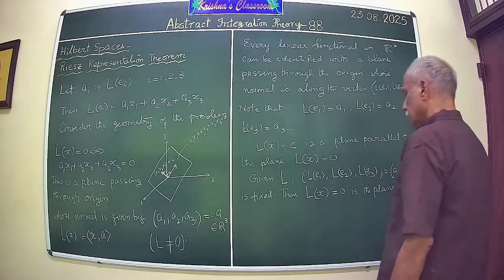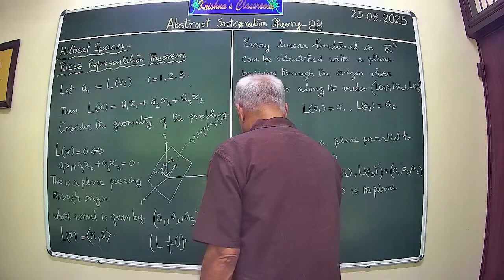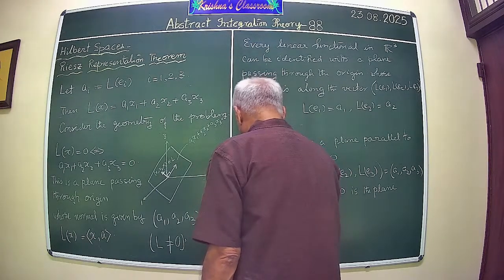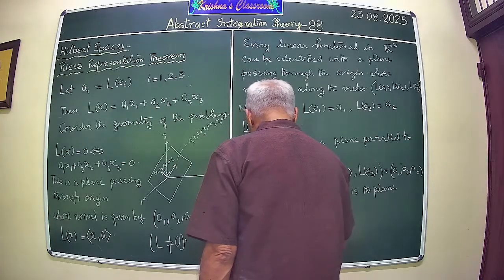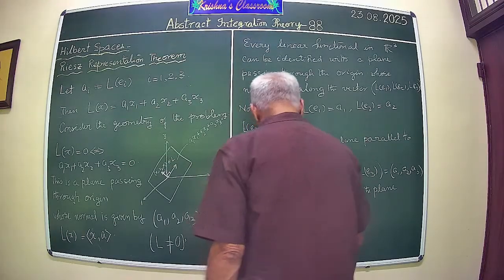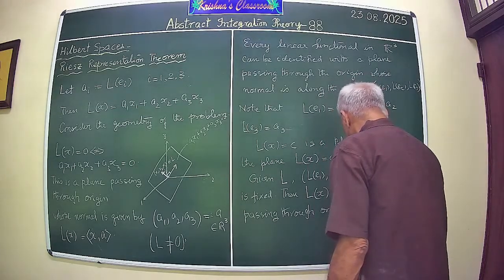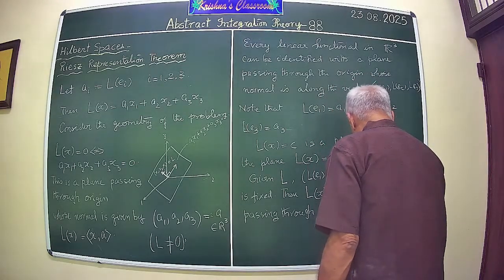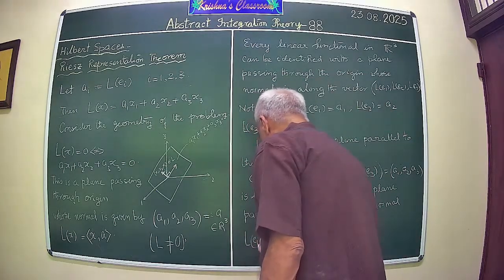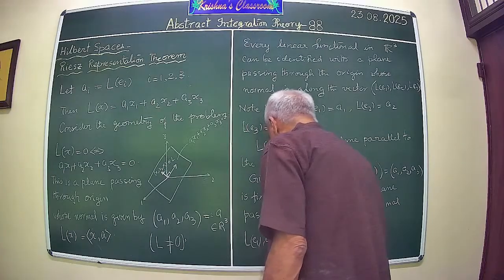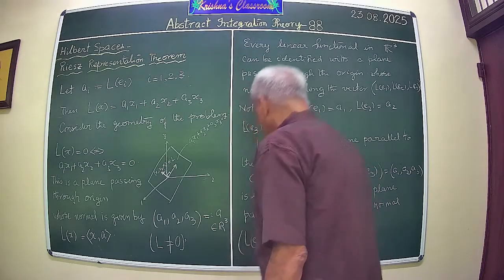Is the plane passing through origin with normal LE1, LE2, LE3.